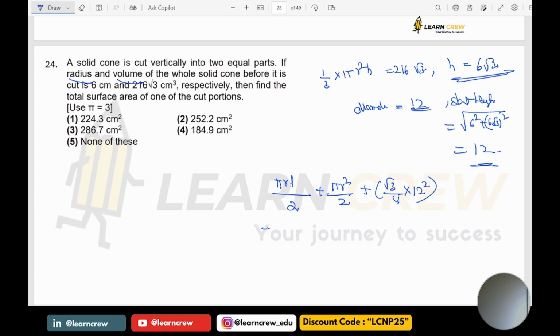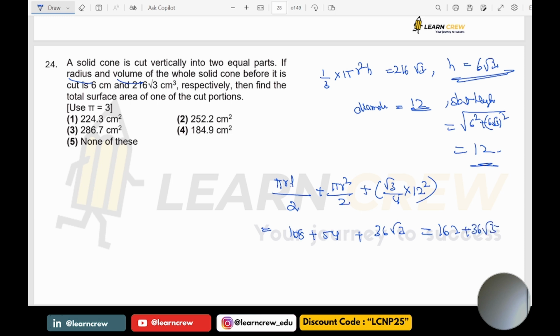Pi r L by 2 is 108, plus pi r square by 2 is 54, plus 36 root 3, which is 162 plus 36 root 3.